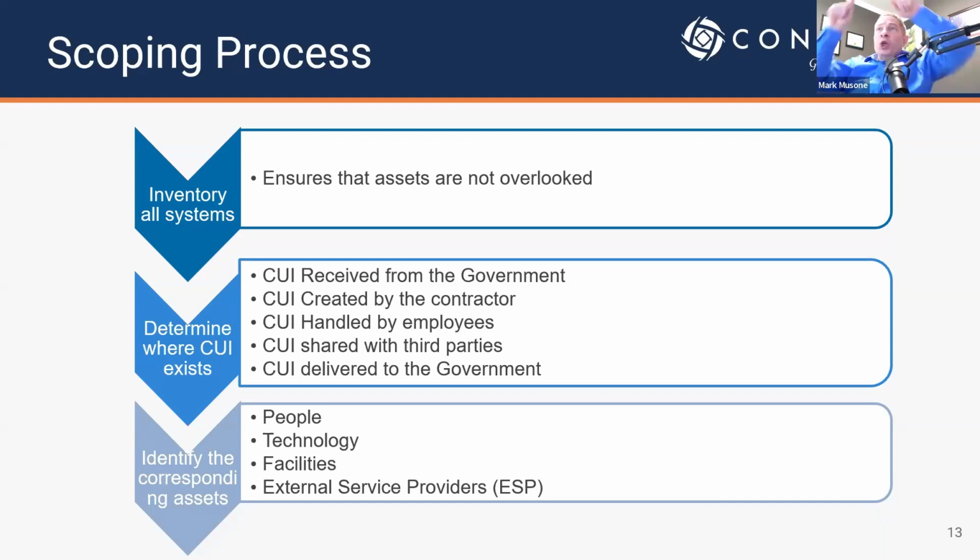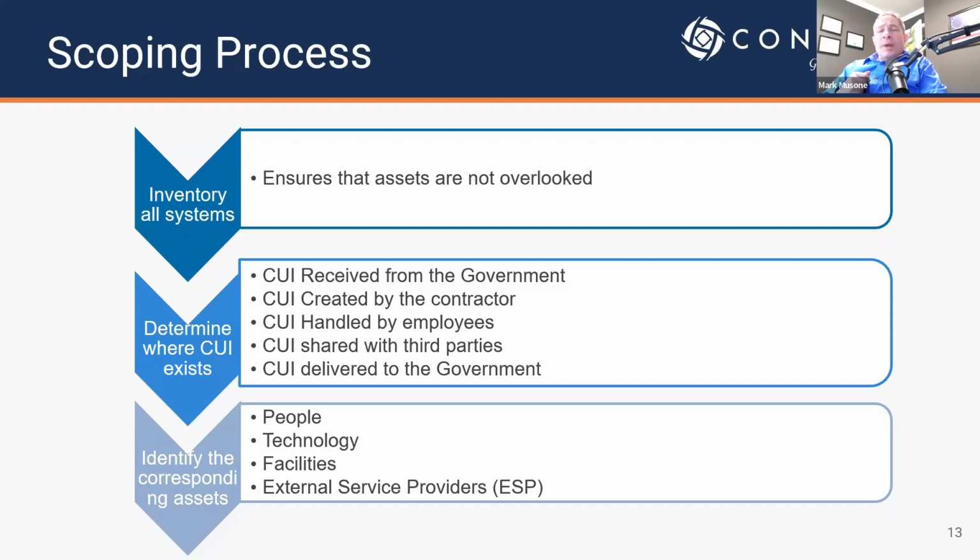Then, when you are drawing your box around the part of the environment you want in scope, you can use that inventory to validate: am I overlooking an asset? Did I forget about something? Maybe there was some CUI that was only temporarily on a machine and you didn't think about it when you were initially drawing your box. By going back through every asset in your inventory, you're able to double check and validate that all of that stuff is properly in scope.